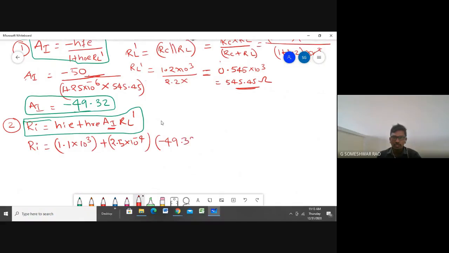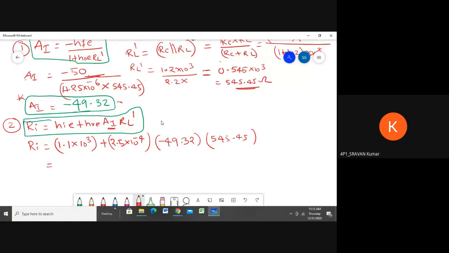So observe carefully, AI does not have any units. Why? AI means output current by input current, both are currents, will get cancelled and you will not have any units for this. Minus 49.32 into RL dash. Just now we have calculated RL dash as 545.45. Calculate and tell me. 1093.27. Yeah, 1093.27.